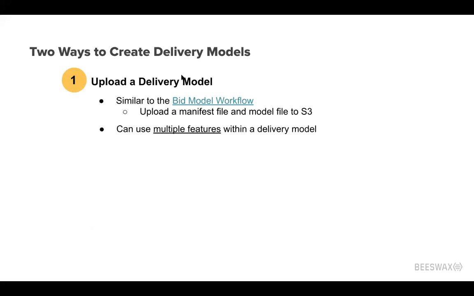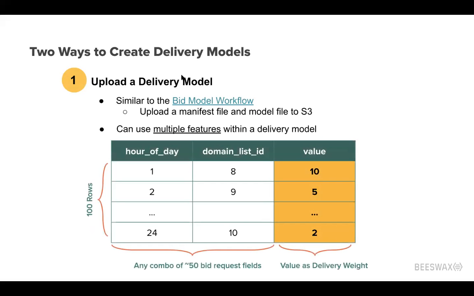And when you use a delivery model, you can use multiple features. So in this simple example, I've chosen 2 features, hour of day and domain list ID. So this is the ID of the domain list that you've set up in Buzz. A couple of things to note also, in addition to being able to express multiple features, you can have up to 100 rows, and we'll talk about this a bit later.